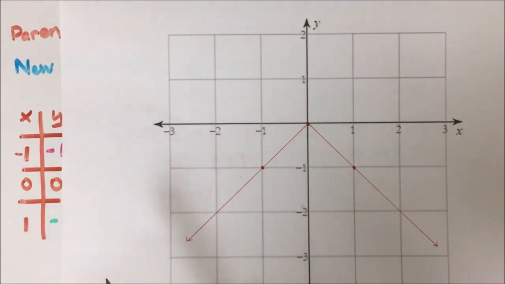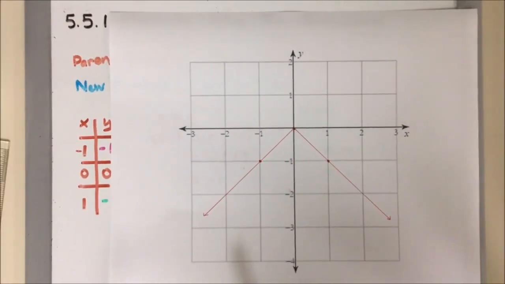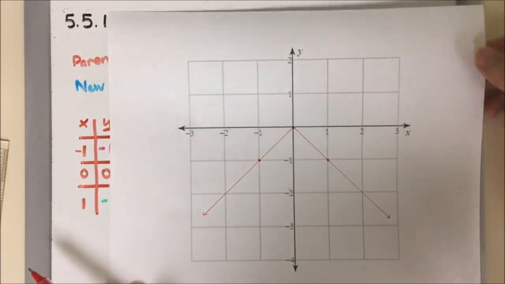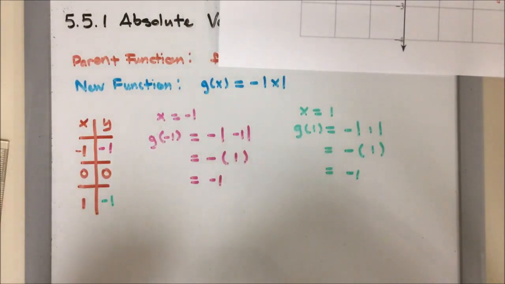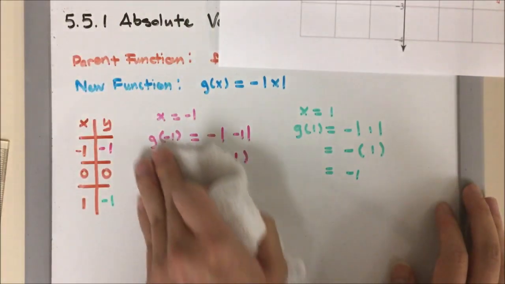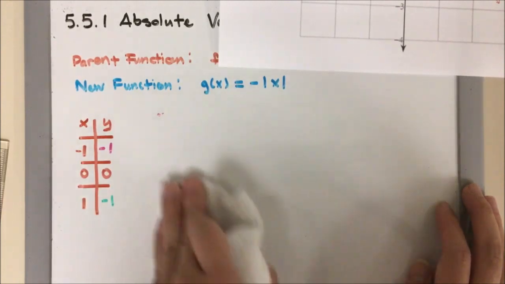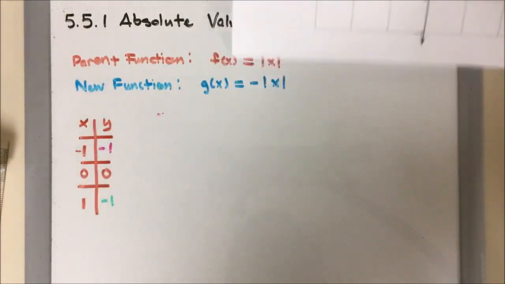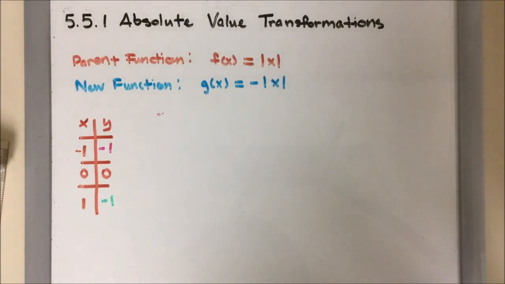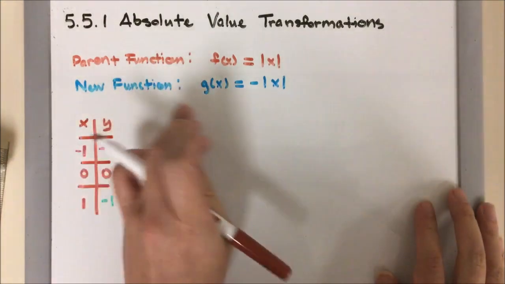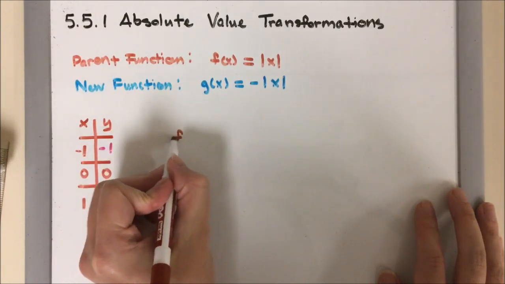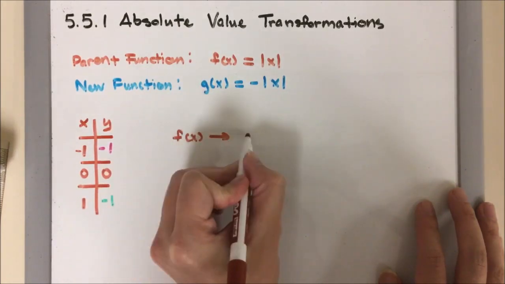So if you were to closely examine this graph with the graph of the parent function, then the transformation is that it reflected across the x-axis. So let me write out the transformation. What was the transformation from f of x to g of x?